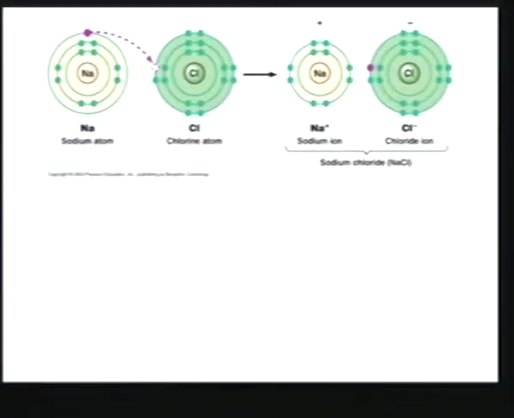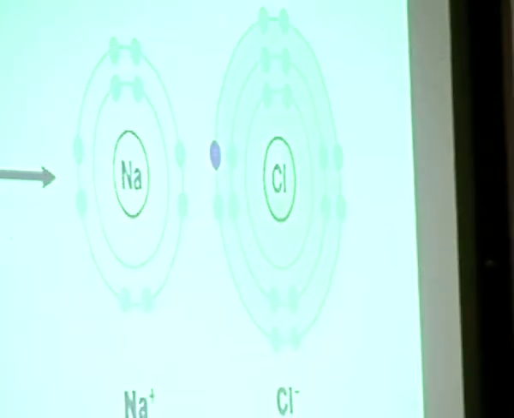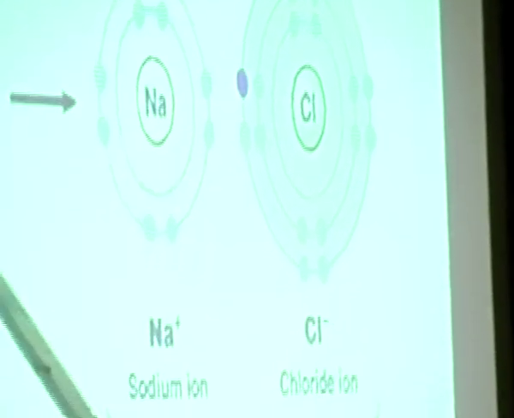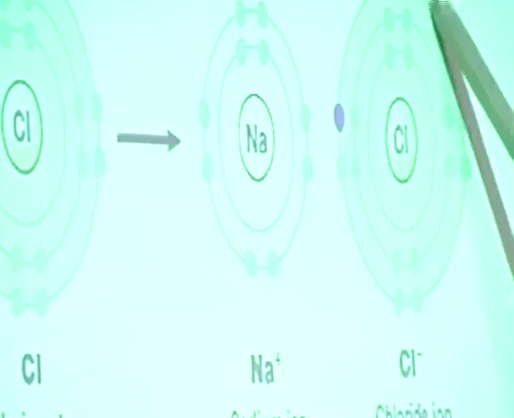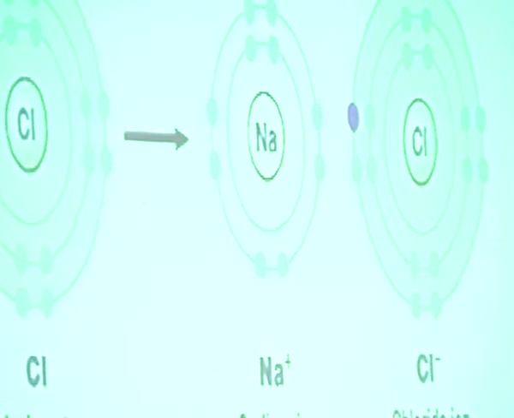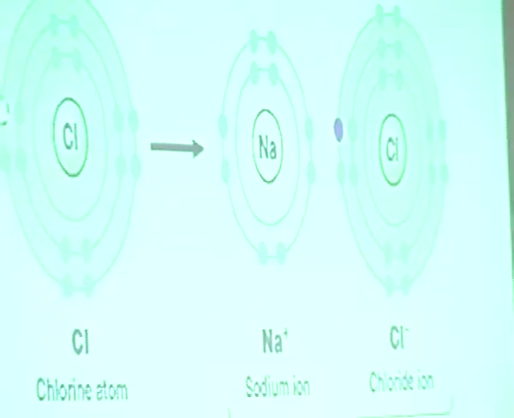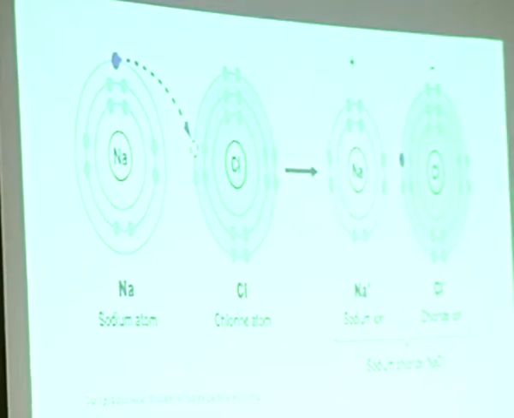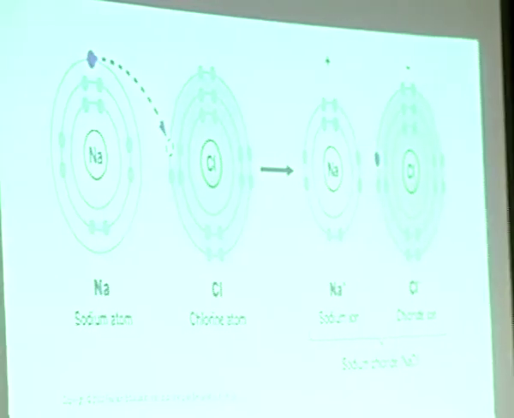The result is that with sodium losing an electron, a negative charge, it becomes positively charged. Chlorine gains that negative charge, so it becomes negatively charged on the whole. And of course, opposite charges attract. So they stick. That's an ionic bond.